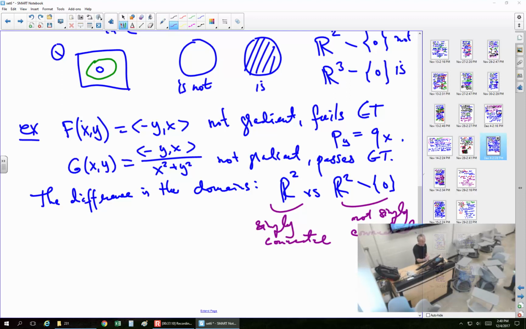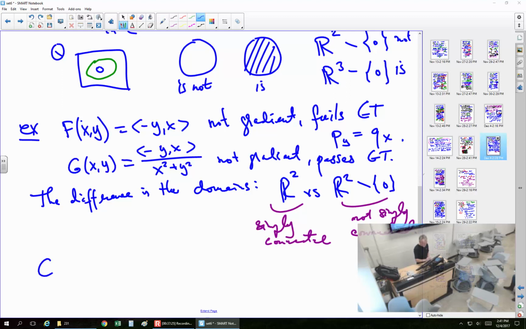And the statement of the theorem is, well, let me state the gradient test first.